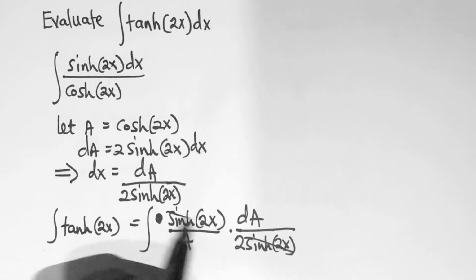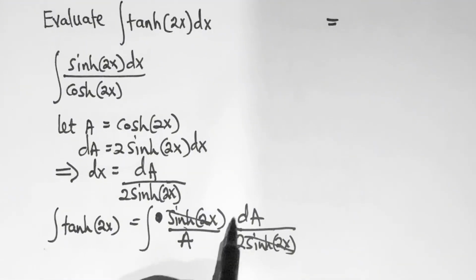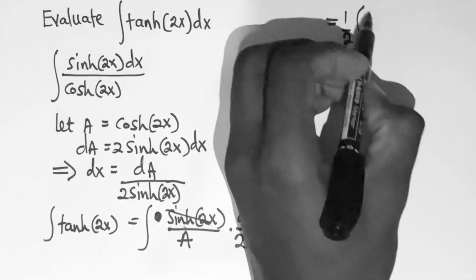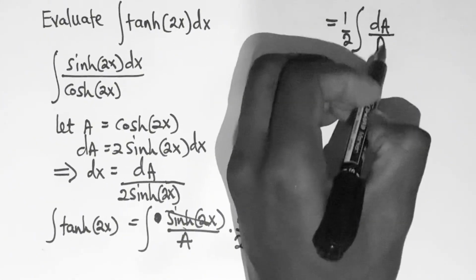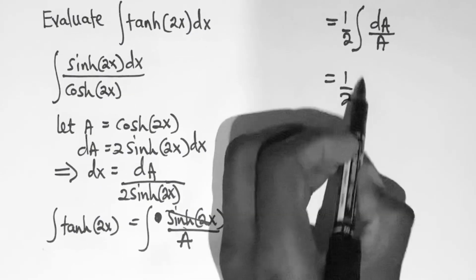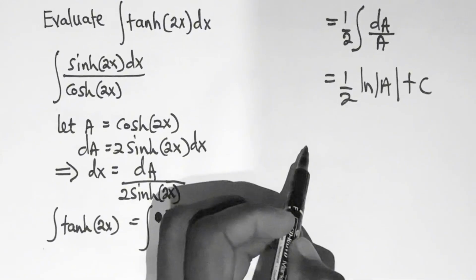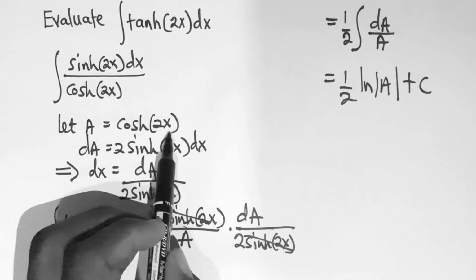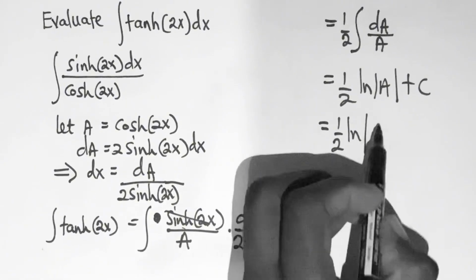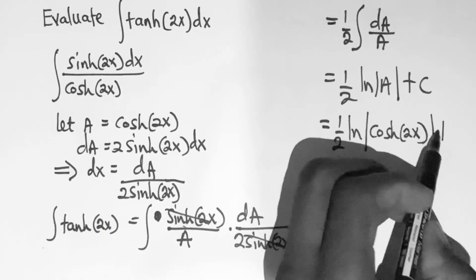So you see that this and this can cancel out, so we'll be left with 1 over 2, let me pull it out, half of integral of dA over A, and this integral is equal to half of ln absolute value of A plus c. But we said that A is equal to cos 2x, and therefore this is half of natural log of absolute value of cos 2x plus c.